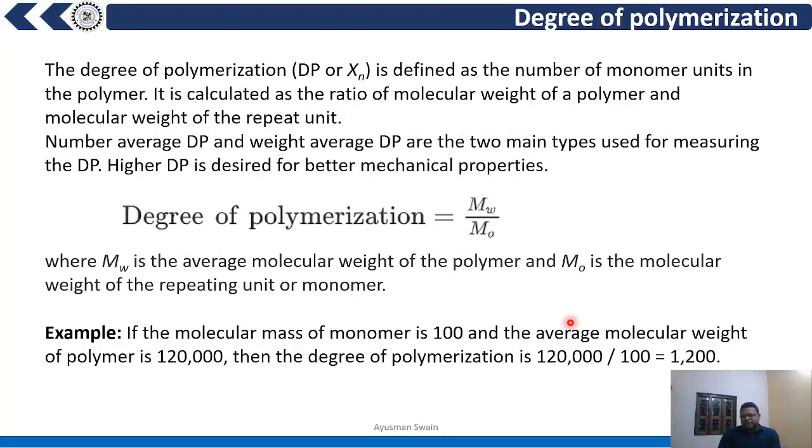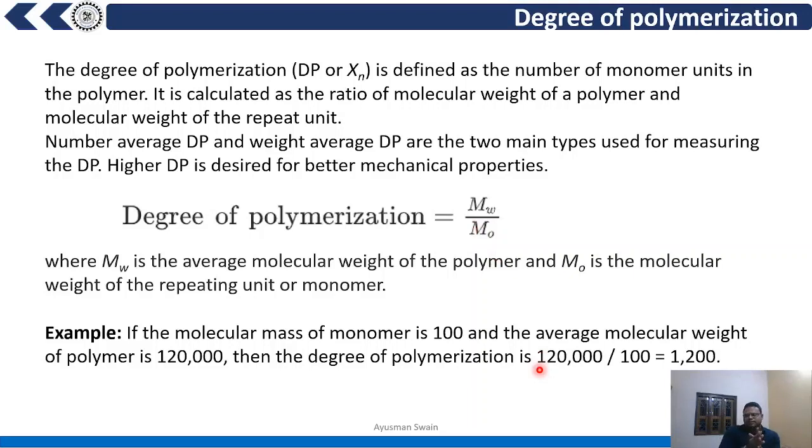Then, as I have already told you, some numerical questions may also come: calculate the degree of polymerization. Suppose the molecular mass of a monomer is provided and the average molecular weight of the polymer is also provided. Then you can calculate the degree of polymerization by just Mw by Mo.